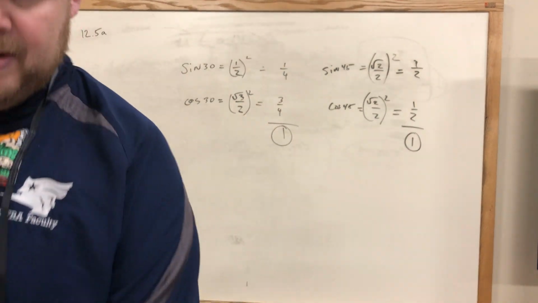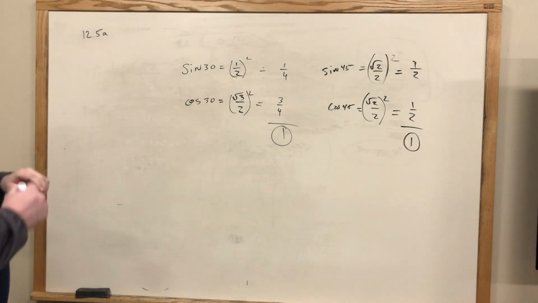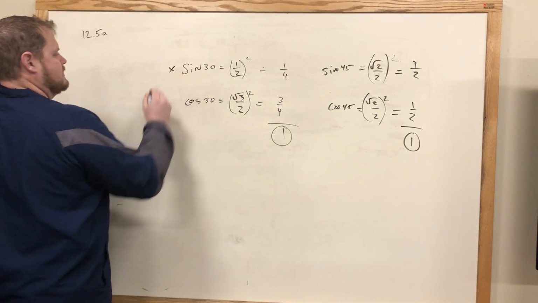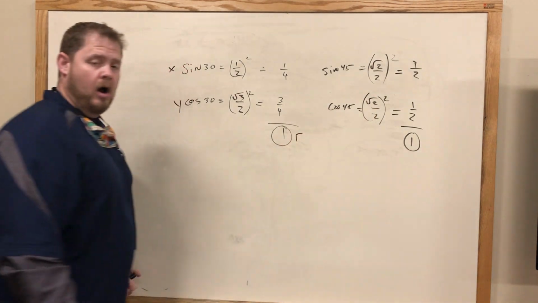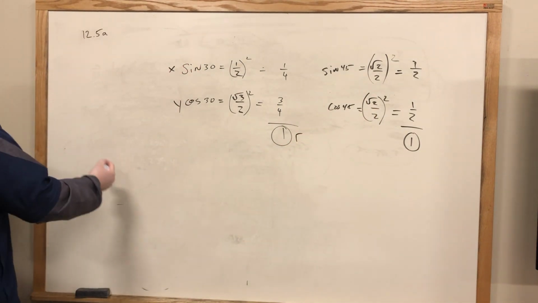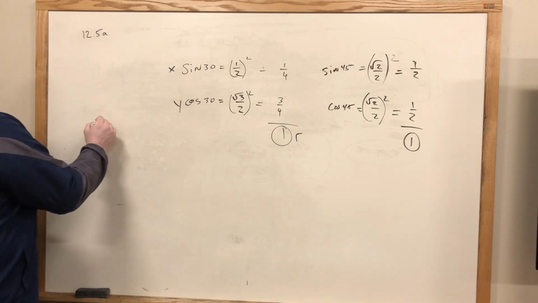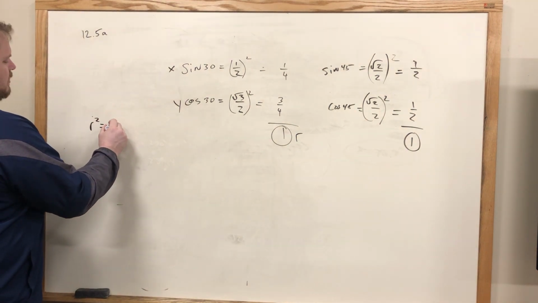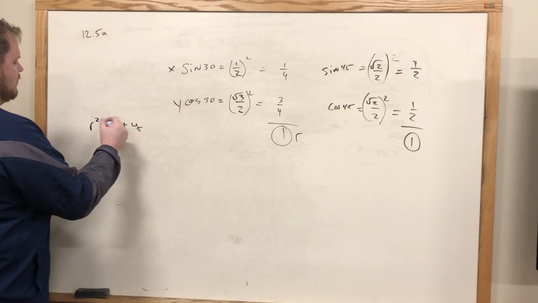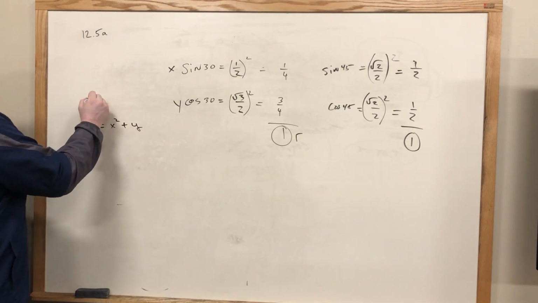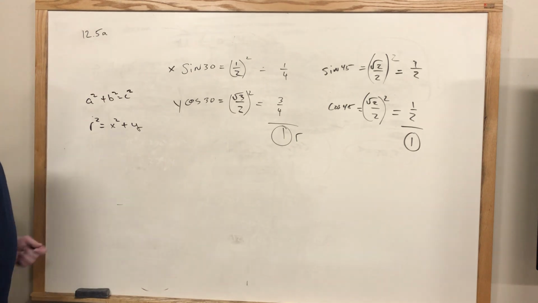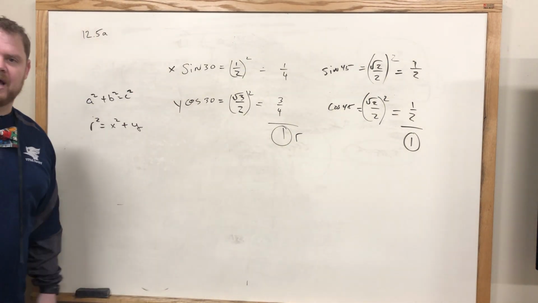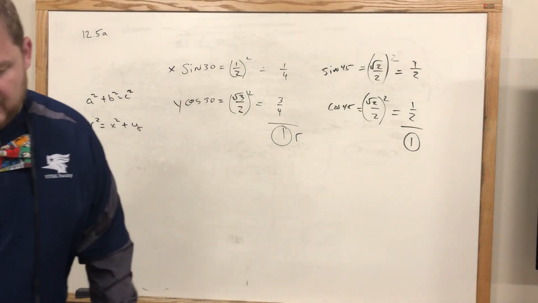Now, that's going to come in handy, and here's why. Remember, this is our x, this is our y, and this will be our r. What does that stand for? Go back to our vector. r squared equals x squared plus y squared, or our Pythagorean theorem, a squared plus b squared equals c squared. Now plug in cosine and sine.